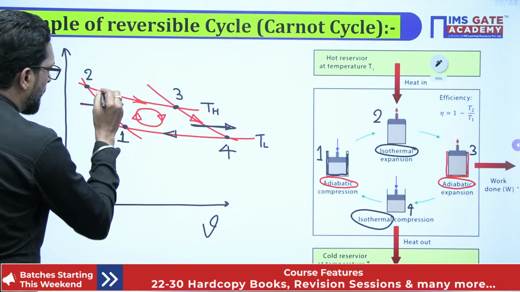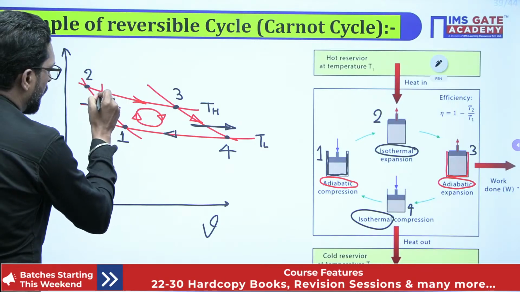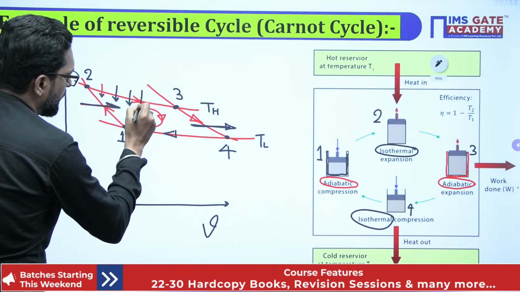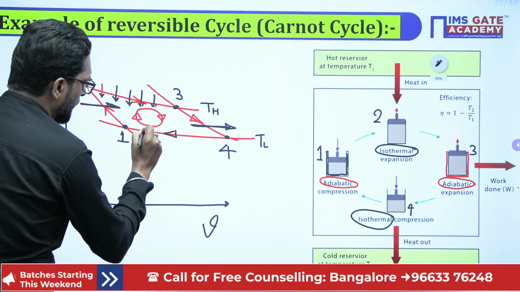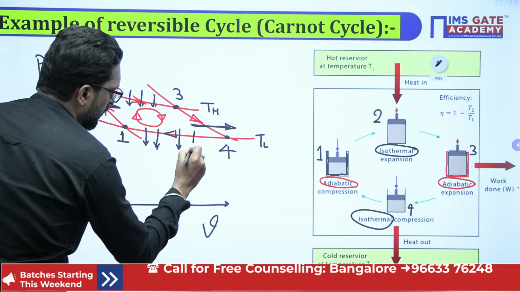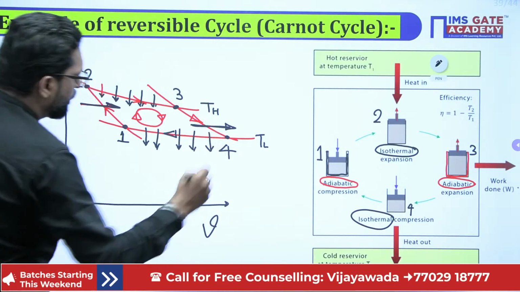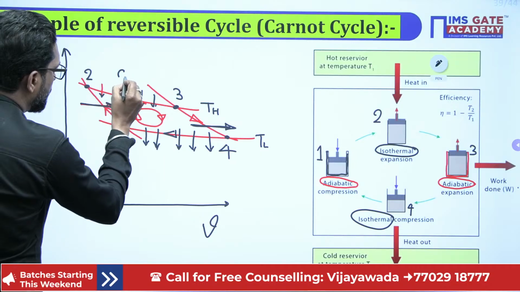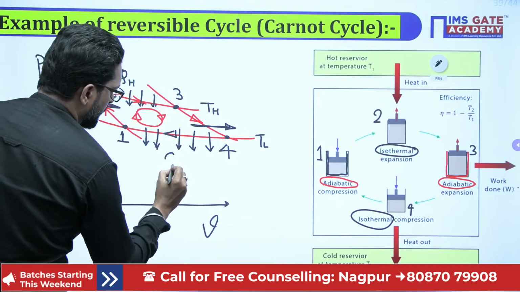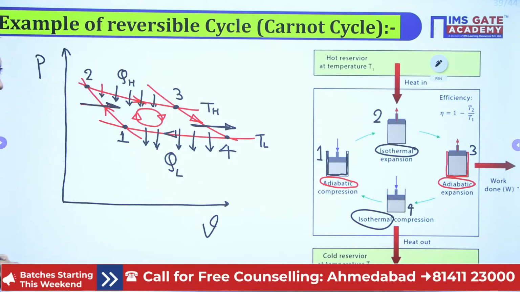There is heat supply throughout, and there is heat rejection throughout. So this is the heat addition QH, and there is a heat rejection QL. So this is your cycle.